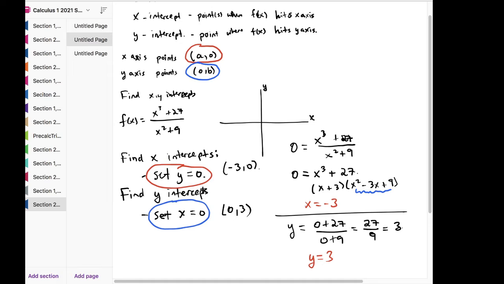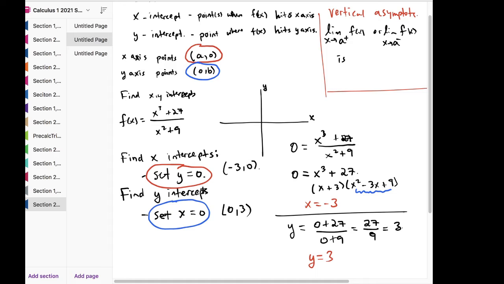So a vertical asymptote is when the limit as x approaches a from the left, or the limit as x approaches a from the right, is infinite. Then there is an asymptote at x equals a, a vertical asymptote.